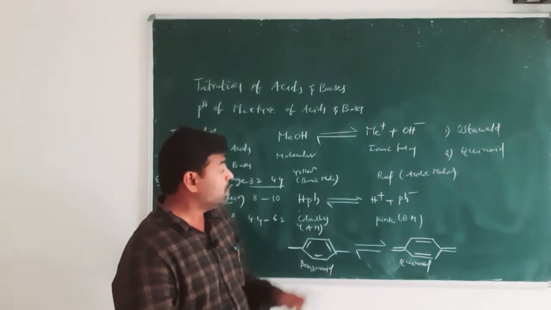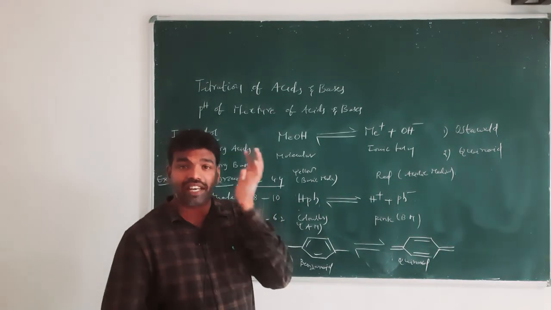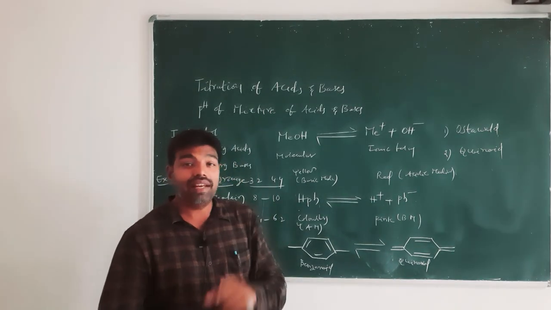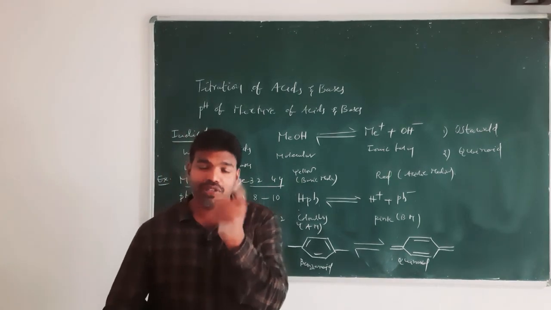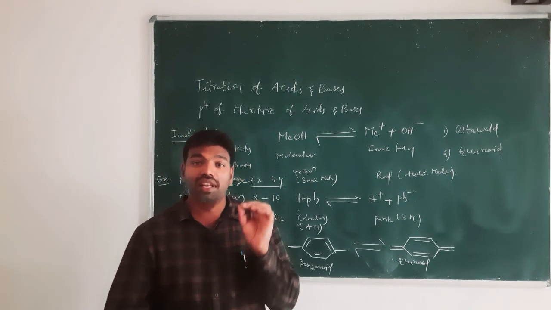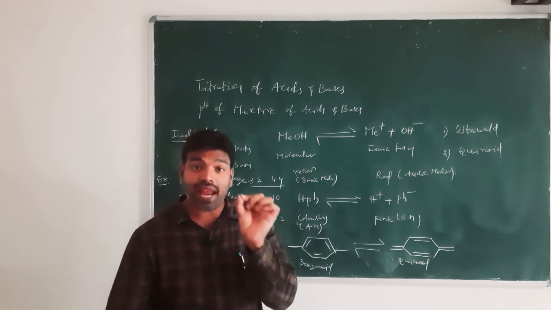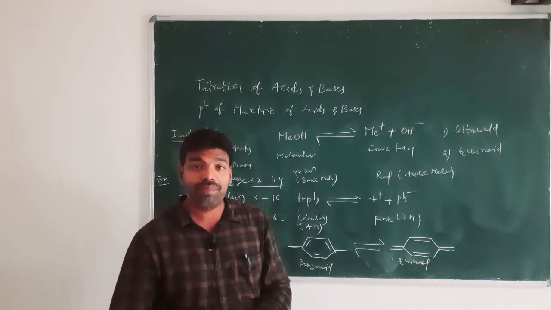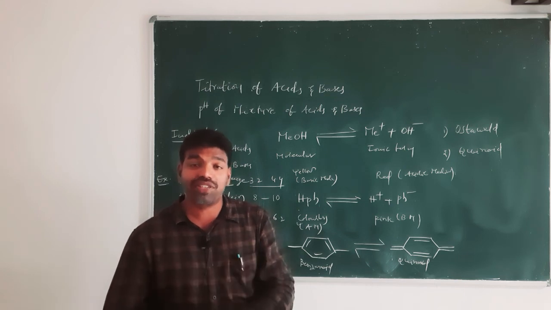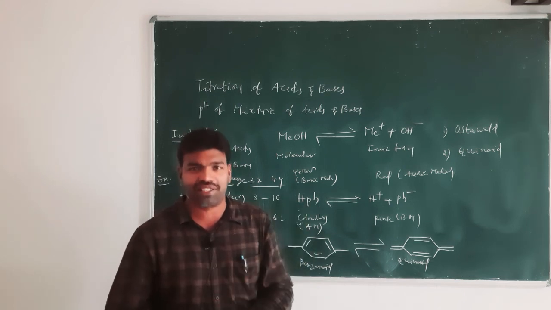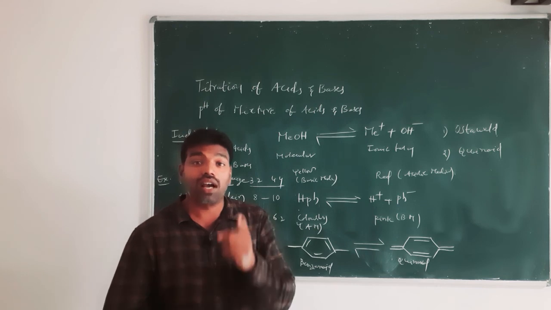Okay, so what we should remember is that an indicator is a litmus solution, okay, which indicates the end point of acid base titration or whatever the titration is by undergoing color change.